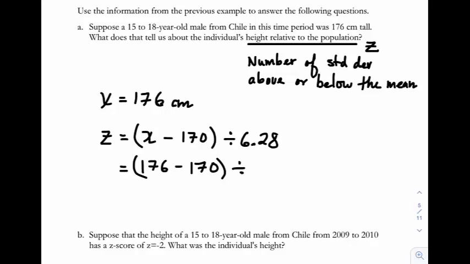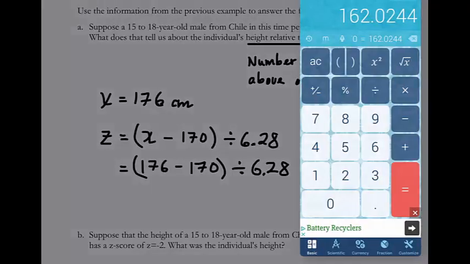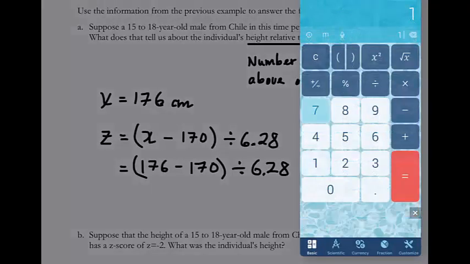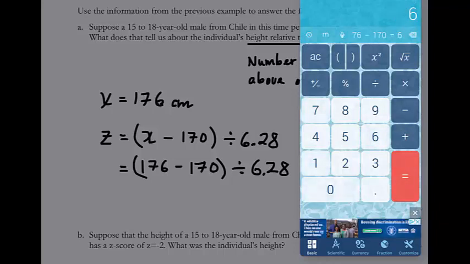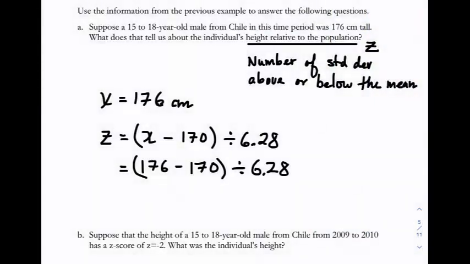Let's grab a calculator. 176 minus 170 is 6, and divide that by 6.28, and here we get 0.9554, being slightly above, almost one standard deviation above the mean.